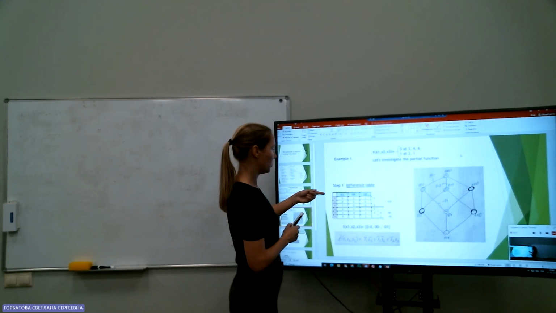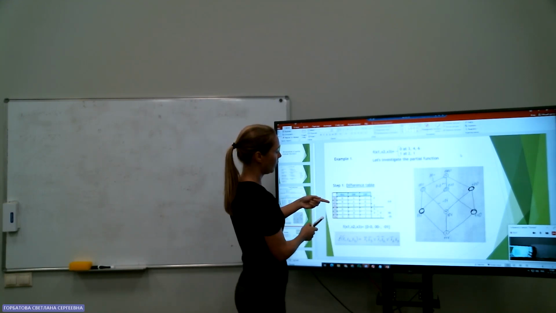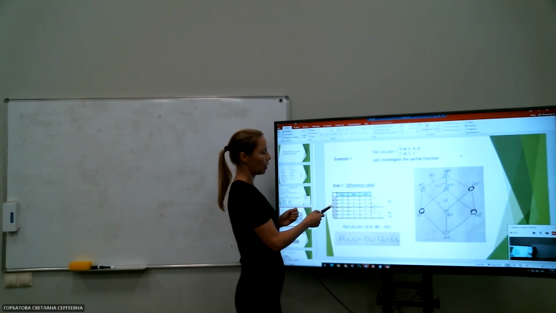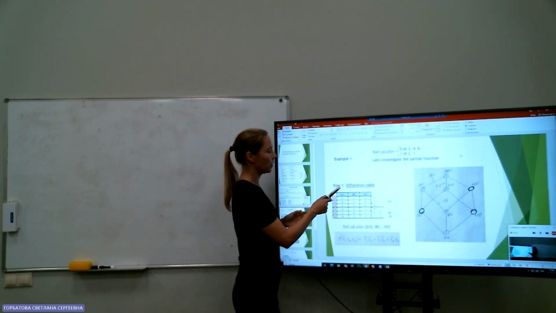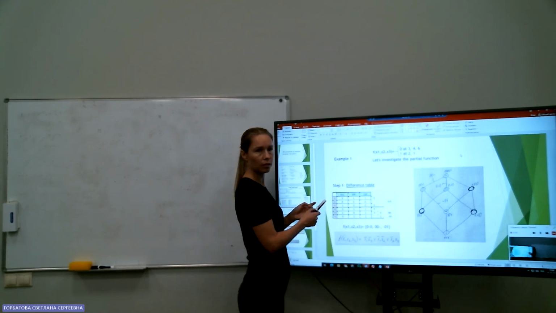For example, the first table, the last row. I must use the last row because here is just 1 digit 1 in this column. And for this column, I need to use this row. So it is basis.